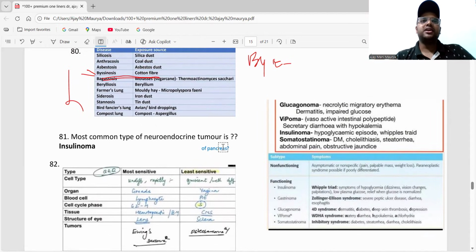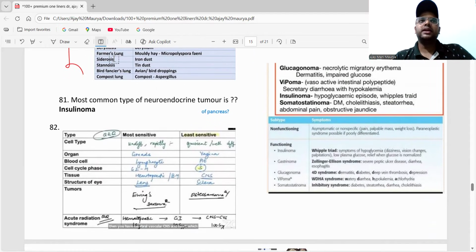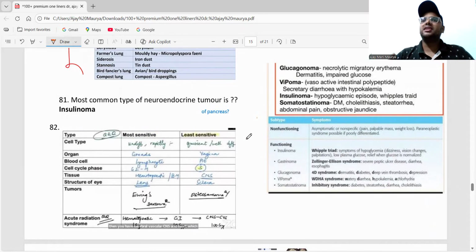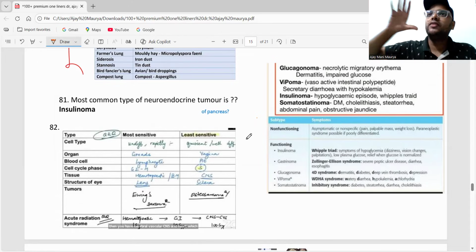If there is a tumor at the insulin-producing beta cells, then there is more production of insulin. A large amount of insulin will be released. What will insulin do? It will take up the blood glucose.